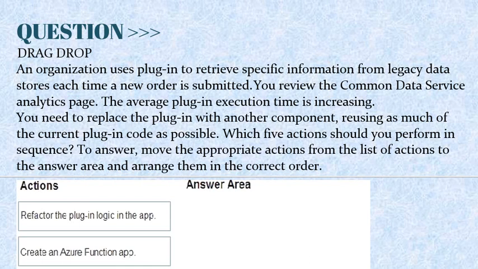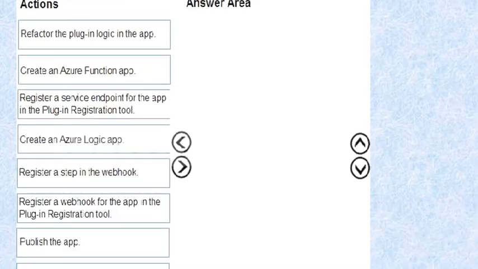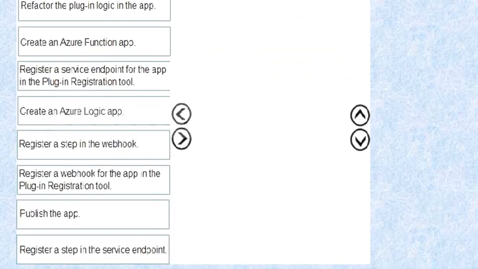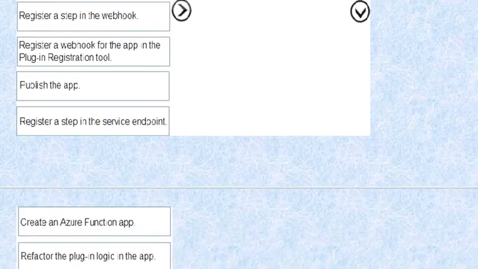To answer, move the appropriate actions from the list of actions to the answer area and arrange them in the correct order. Please have a look at the actions. Now arrange it in the sequence.